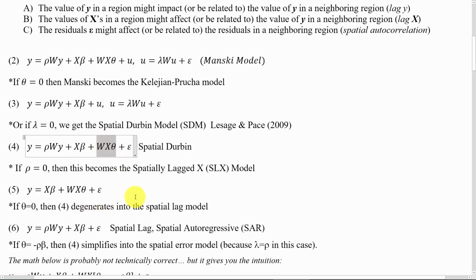If those are all 0, then all we're left with is the lag Y model, or the spatial lag Y. And so we're going to be left with our unemployment rate is equal to some function, some weighted average of neighbors' unemployment rates, plus something having to do with our own explanatory variables. So this is called a spatial lag model, although some people call it a spatial autoregressive model because of its similarity in some ways to a time series autoregressive model.